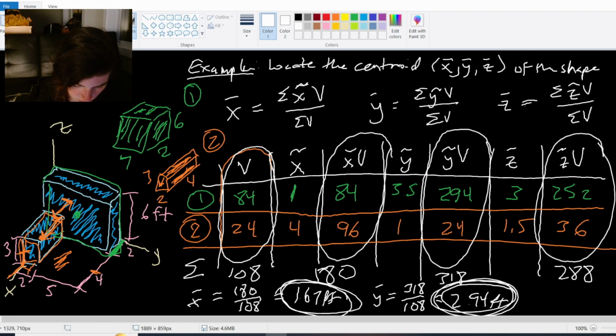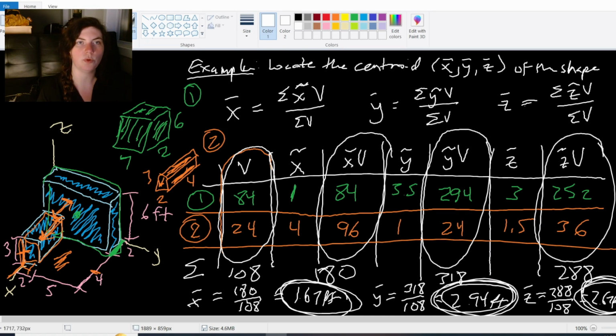My y bar centroid, and my z bar is 288 over 108, which is going to give me 2.67 is my z centroid, 2.67 feet. So that's all I've got to do, right?